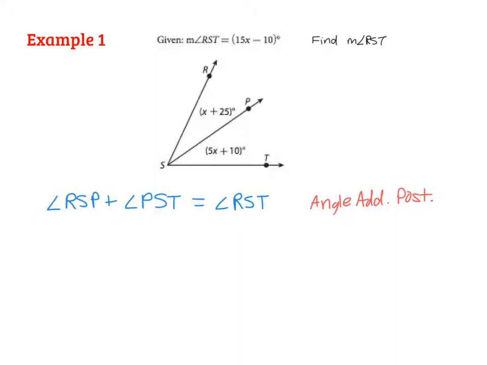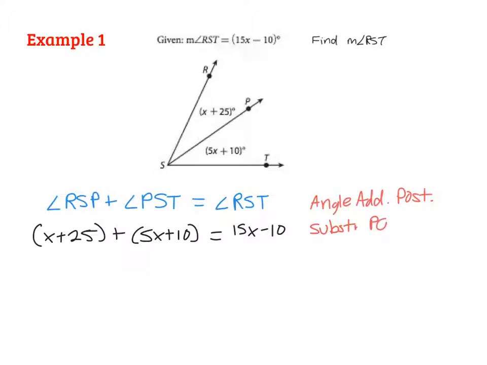So now I'm going to look at my figure and I'm going to substitute what I see. I see RSP is x plus 25. PST I can see is labeled 5x plus 10. And I can see in the given, angle RST is 15x minus 10. So this we could say is the substitution property of equality.